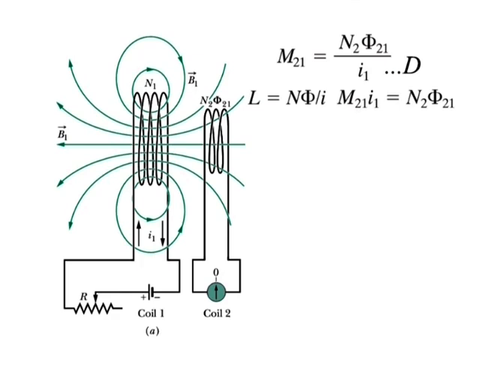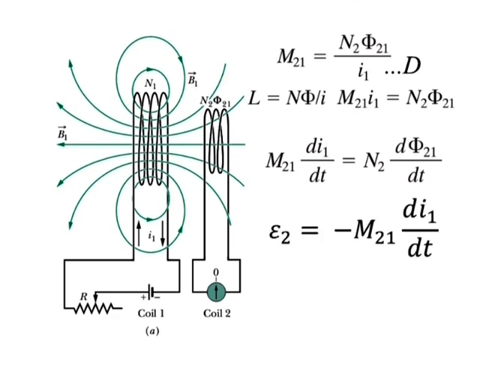If we cause I1 to vary with time by varying R, we have M21 into dI1 upon dt is equal to N2 into d phi 21 upon dt. The right side of this equation is, according to Faraday's law, just the magnitude of the EMF appearing in coil 2 due to the changing current in coil 1. Thus, with a minus sign to indicate direction, epsilon 2 is equal to minus M21 into dI1 upon dt.